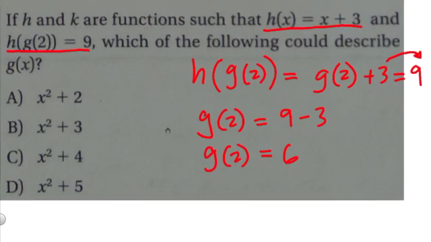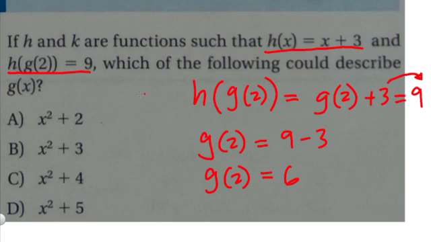Since we are asked to find g of x, choices A to D are the possible functions, rules or expressions which describe g of x.